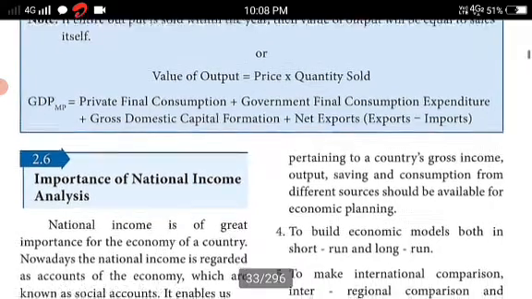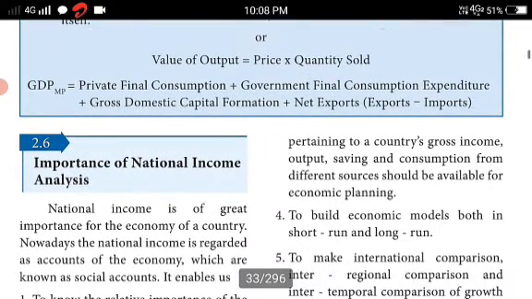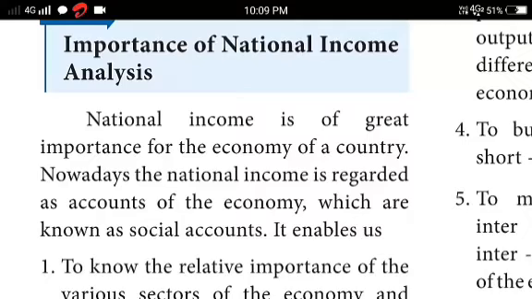So GDP at market price is private final consumption plus government final consumption expenditure plus gross domestic capital formation. Then we have to add net export, which is export minus import. Understood? Let me move on to the importance of national income analysis.